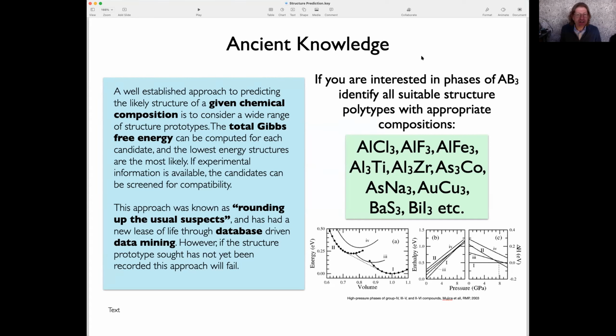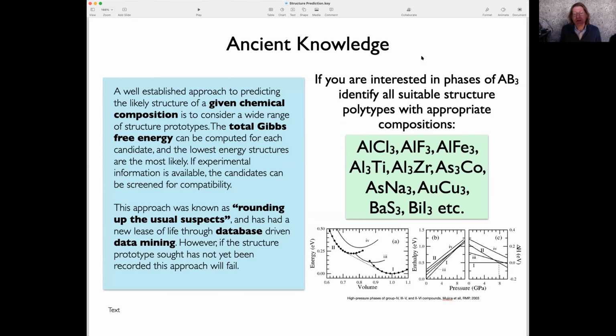Pull out all those structures, substitute A and B appropriately, and then calculate the DFT. There might be 1,000 such structures. It's not a problem because we've got high throughput computing now. We do that, and we'll probably make quite a good structure prediction.